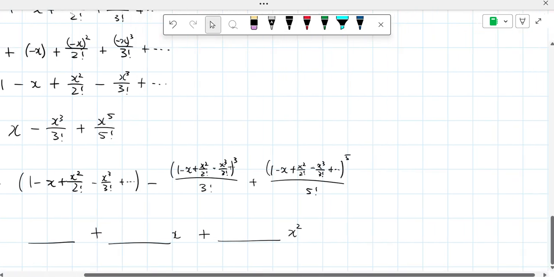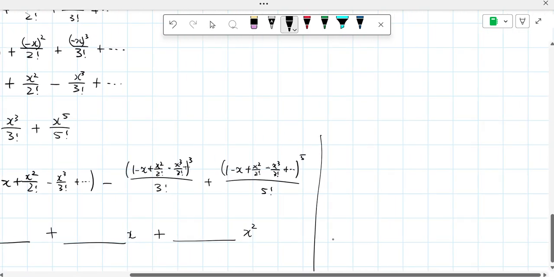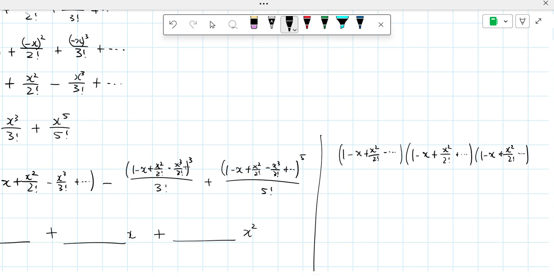If I expand, let's do a side log on the side: 1 minus x. If I do that multiplication, what will happen?